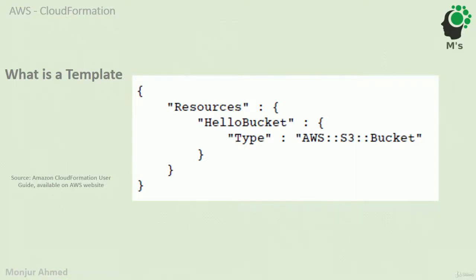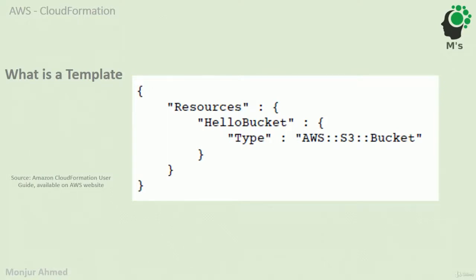If you go to the AWS website and look for the CloudFormation user guide, you will find a detailed explanation of CloudFormation, which includes detailed discussion of templates as well.